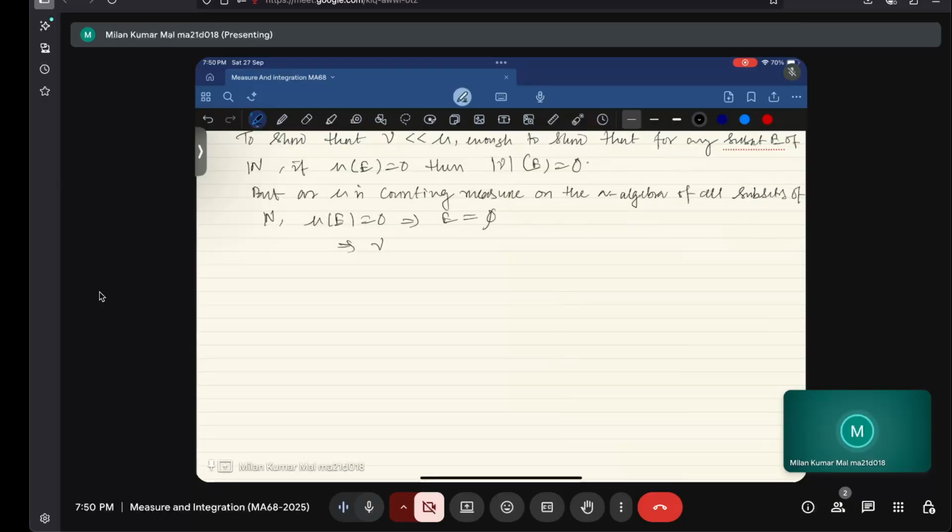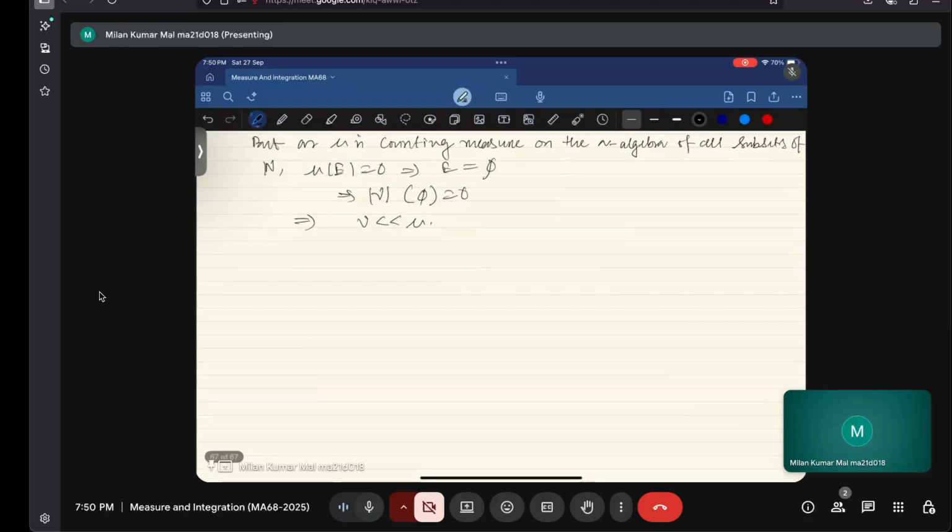So nu is absolutely continuous with respect to the measure mu. This completes the first part.